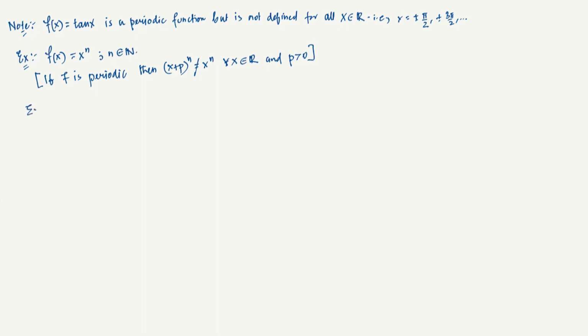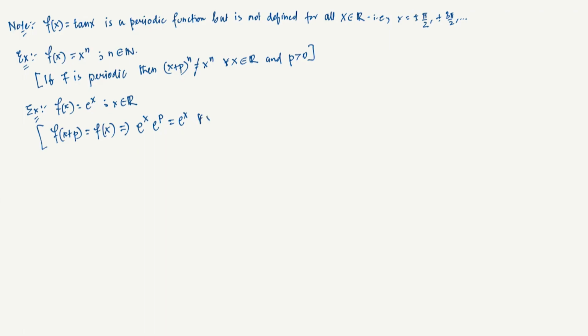And of course, another very important fundamental function is exponential of x, where x is in R. Let's say it is periodic of period p, right? So in this case, f of x plus p has to equal f of x. That implies e power x plus p, which is e power x times e power p, equals e power x.